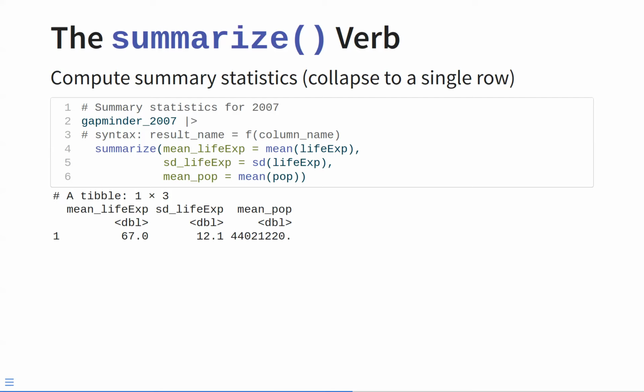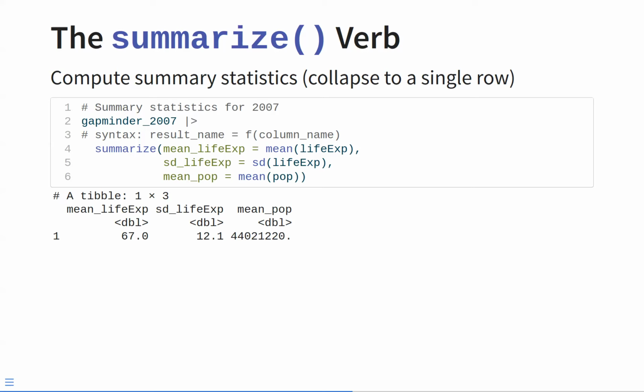So we're going to summarize this tibble as follows. I'm going to compute the mean of the life expectancy column, the standard deviation of the life expectancy column, and the mean of the population column. So here's the syntax. Inside of this summarize verb, we write the name that we want to assign to each summary statistic.